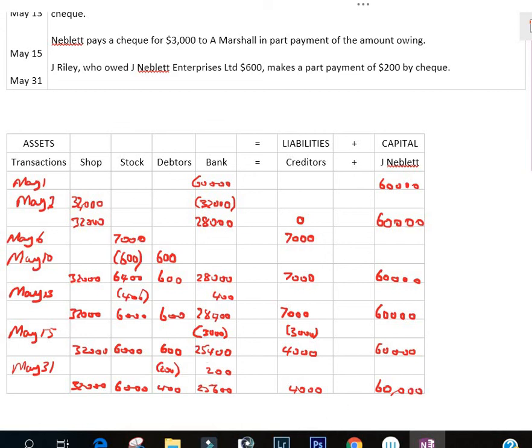That's in the business. Alright, so at the close of business, when we close the books off on the 31st of May, this is what we have on the balance sheet.